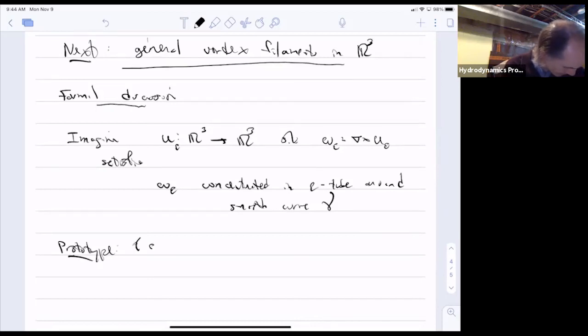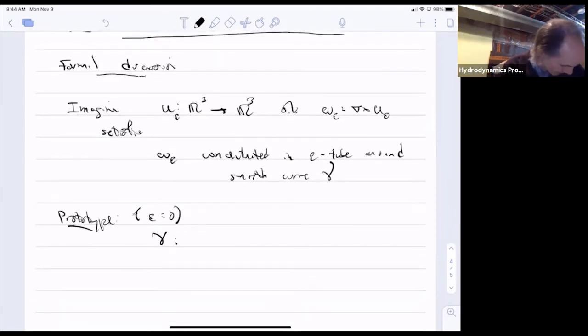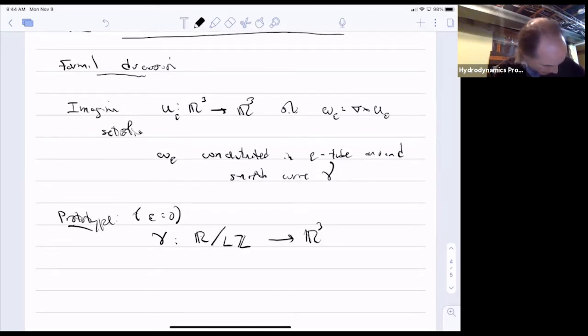Let's first consider epsilon equal 0. And let's say gamma is a periodic curve with length L in R3. So I can write that as a curve from R mod LZ to R3 such that, I'll call the variable s, ds gamma is equal to 1.